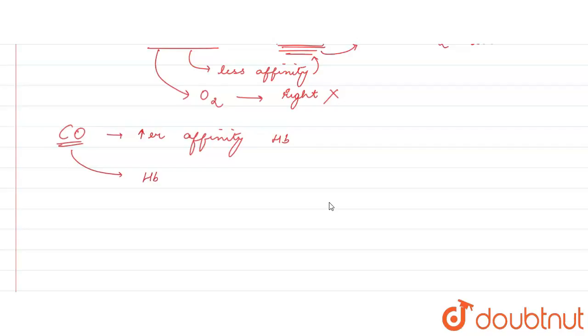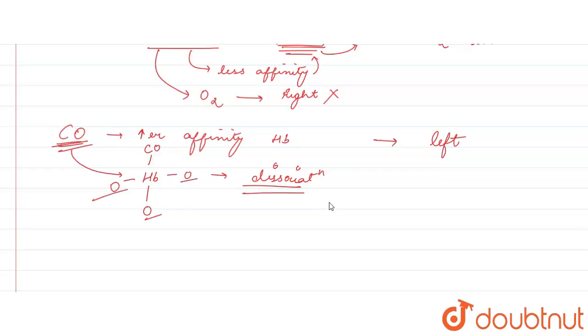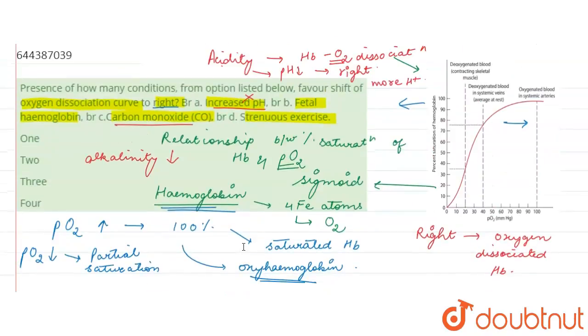Suppose it binds at one iron atom, then the other three places will keep the oxygen in even tighter condition, that is, it will stay with the oxygen to prevent its dissociation. Therefore, the presence of carbon monoxide will shift this oxygen dissociation curve towards the left, that is, it prevents the dissociation of this oxygen molecule. So that is also not our answer.